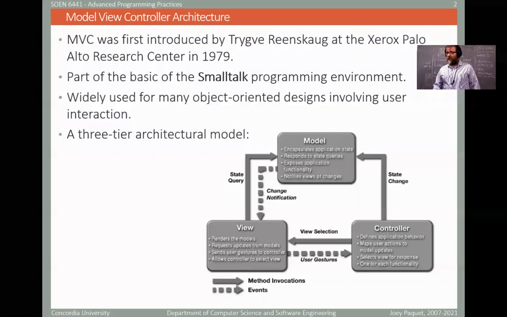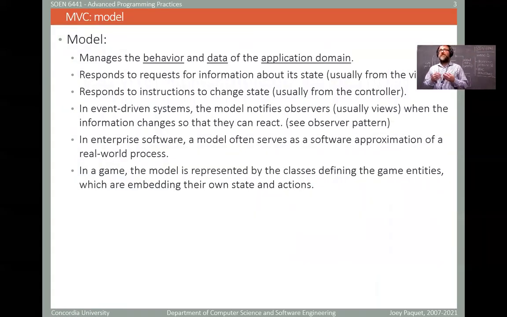The model stores the state of the application and implements the behavior of the components of the business model, or the application domain. All it does is implement the business model. It's absolutely not concerned with user interaction, nor with displaying information.